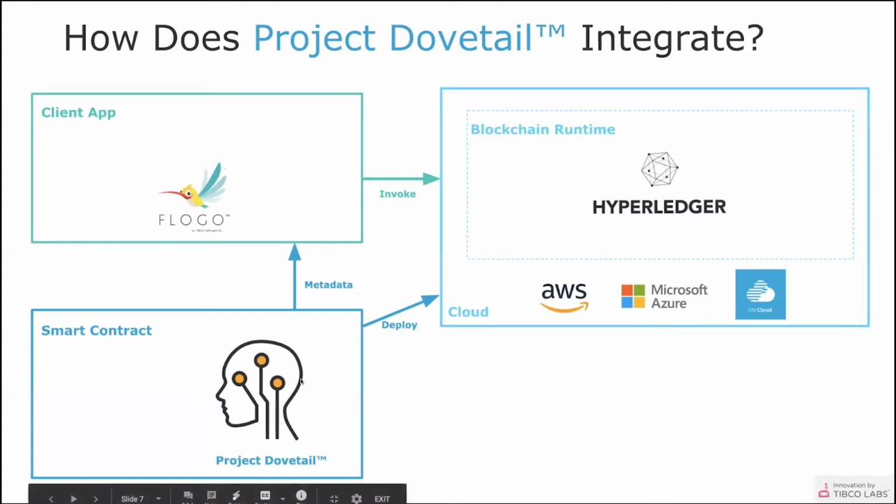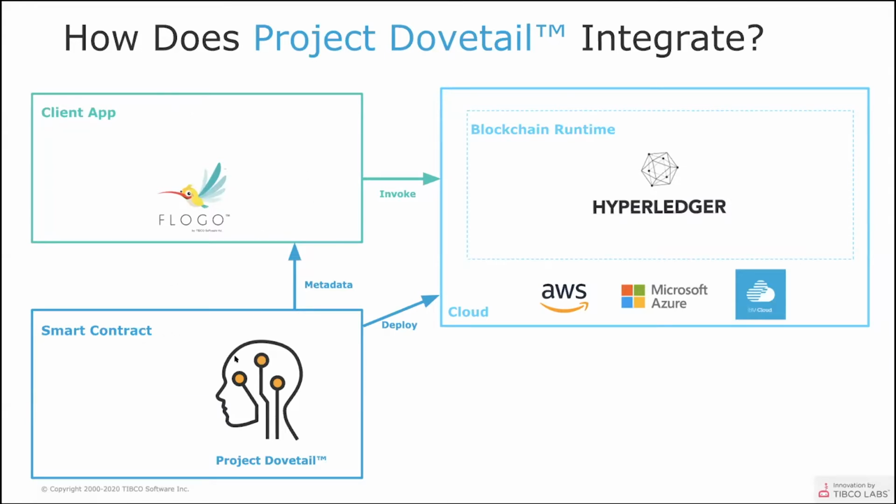And this smart contract is also an application powered by a different set of extensions, which are smart contract specific. So as we'll see, the look and feel and the way to develop a client application and a smart contract is exactly the same. You're using the different extensions to achieve the same thing by different means, basically.